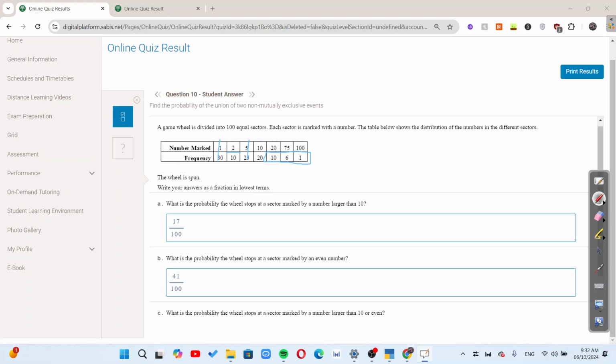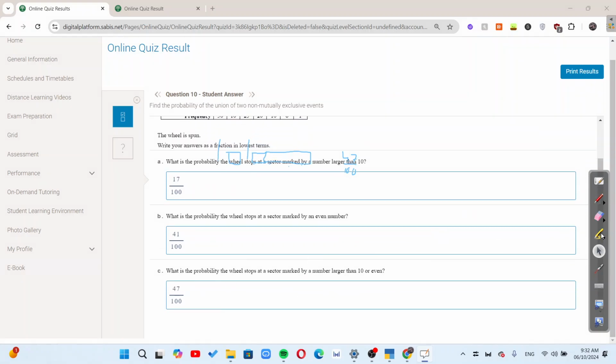So we add up these probabilities also. So 10 and 20, of course we have to add them, which is 10 plus 20 plus 10 plus 6 plus 1. You're going to get 47 out of 100. Now let's make sure. Yep, 47 out of 100.